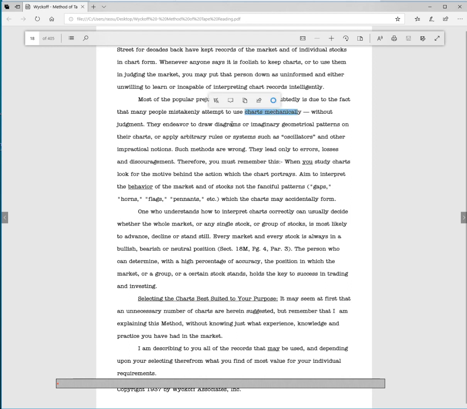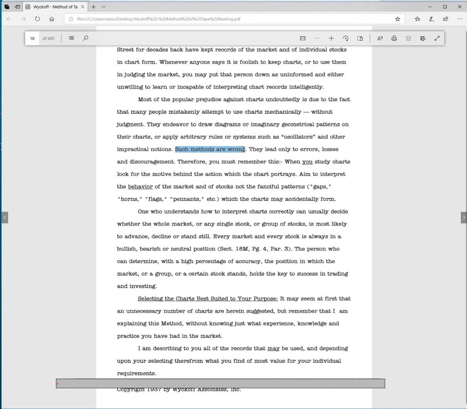They endeavor to draw diagrams or imaginary geometrical patterns on the charts, or apply arbitrary rules or systems such as oscillators. Oscillators are indicators that oscillate up and down, and other impractical notions.